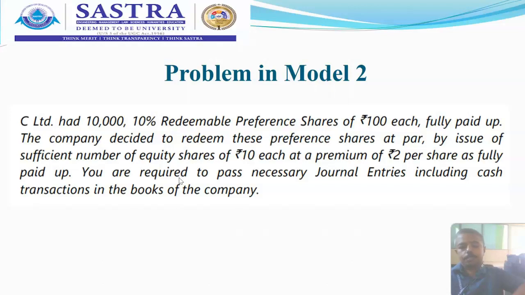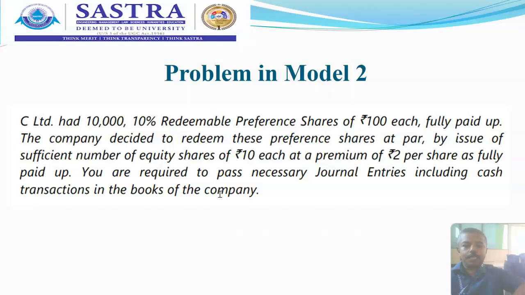Next, 10% redeemable preference share capital account debited to preference shareholders account, that is rupees 10 lakhs. Being the amount payable on redemption of preference shares transferred to preference shareholders account, this is called the due entry. So this has to be 10 lakhs.